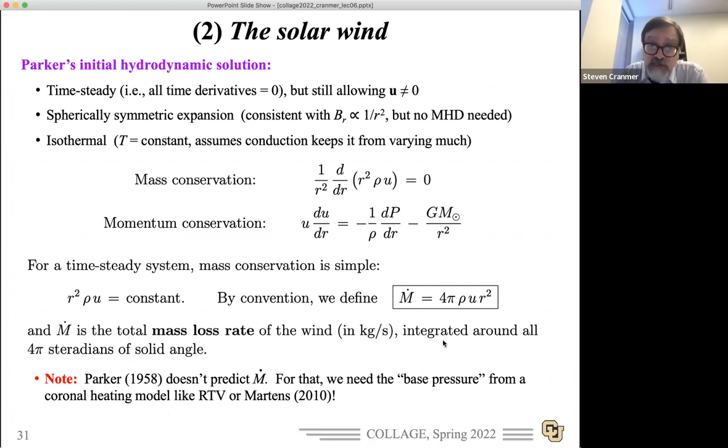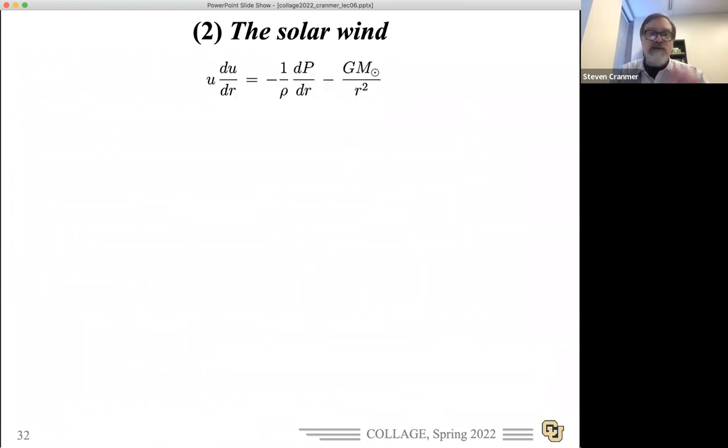For that, you really need to know how much gas is injected at the base of the corona. It's consistent with solving for the base pressure from models like RTV or Martin's that we looked at before. It's a separate problem that you need to figure out. And then you can see how the solar wind drags that material out using Parker's model.